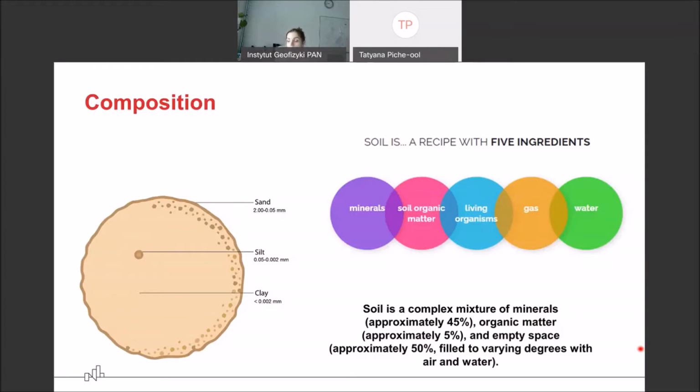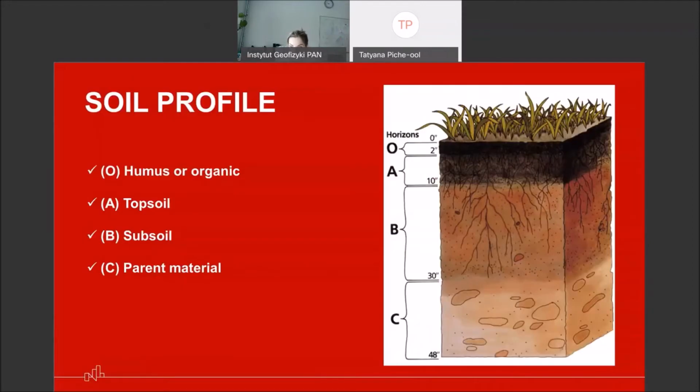Other natural soil gases that can be found in soil are methane or radon, just to mention two most popular. And so these are the gases, and of course there's also water, which with the air is filling approximately 50% of this mixture.